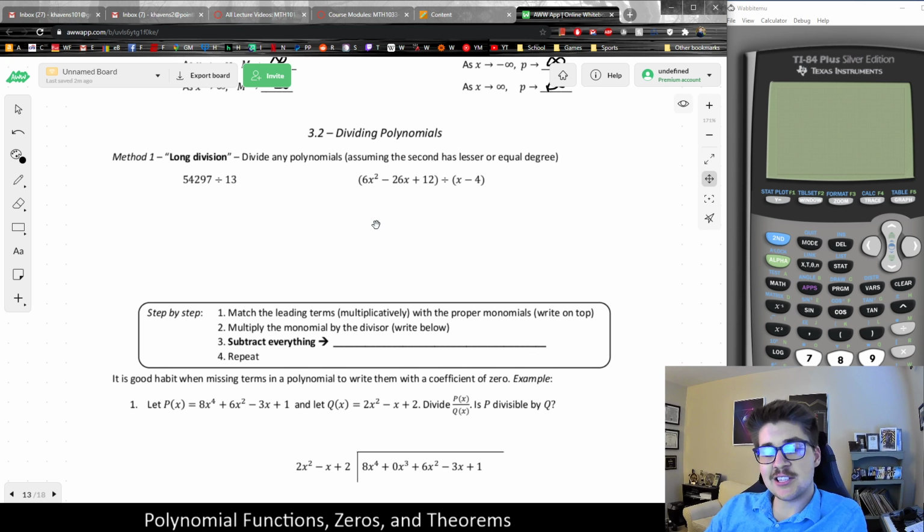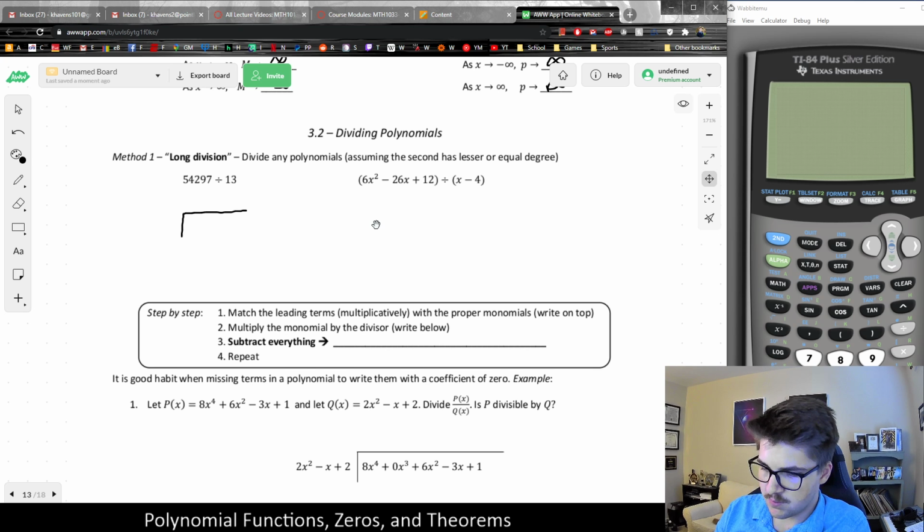The first thing I like to start off with is that if you know how to divide numbers, dividing polynomials is not so different. I like to start really basic, because if I'm ever forgetting the concept of how to divide, it's really no different than dividing normal numbers. So let's do a random long division problem just to review.